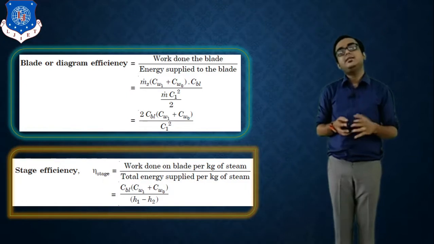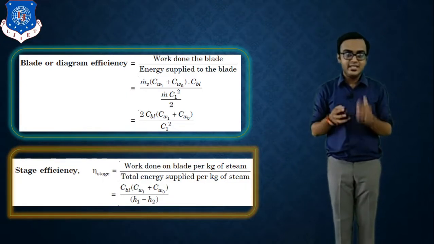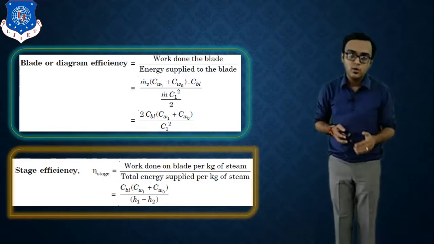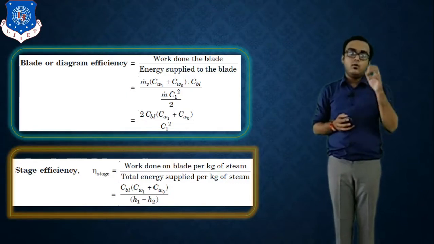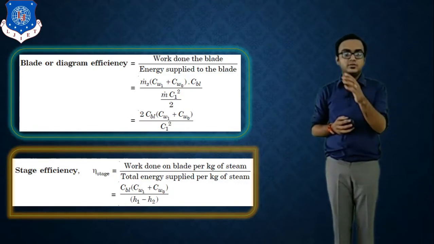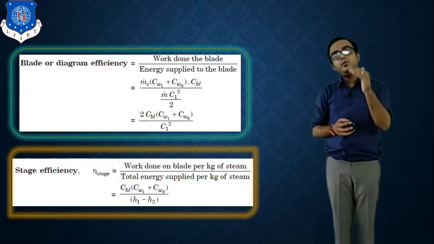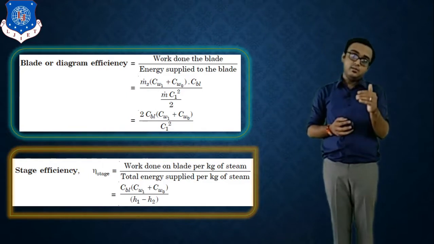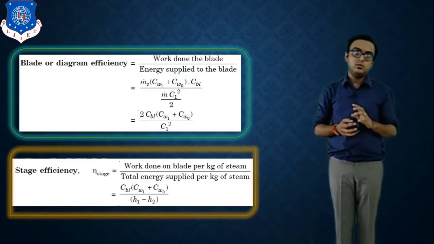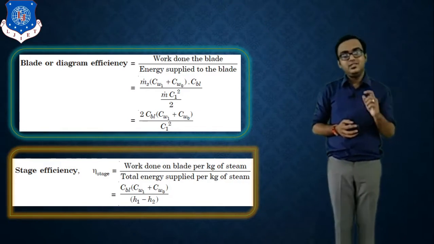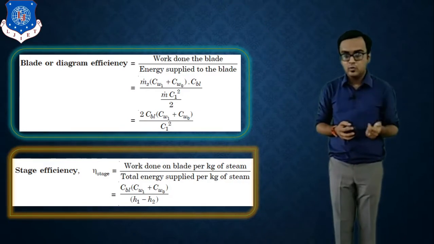So what do you mean by stage efficiency? Stage efficiency is the ratio of work done on the blade per kg of steam flow rate divided by total energy supplied per kg of steam. Per kg of work done means we assume mass flow rate of steam to be 1.